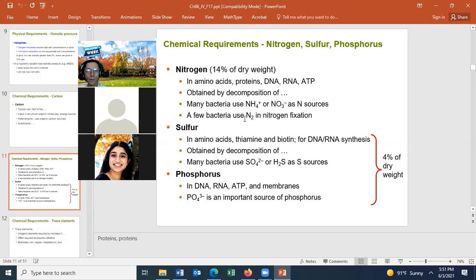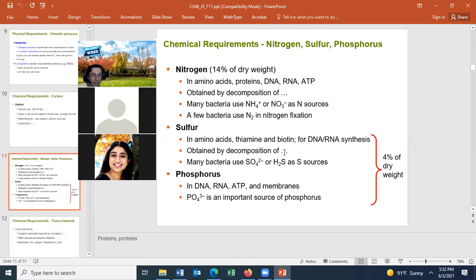Cells have a sulfur requirement. You can get sulfur from amino acids. Thiamine, that's a B vitamin. Biotin, another B vitamin. We use sulfur in making some amino acids like methionine and cysteine. We have sulfur in DNA and RNA.